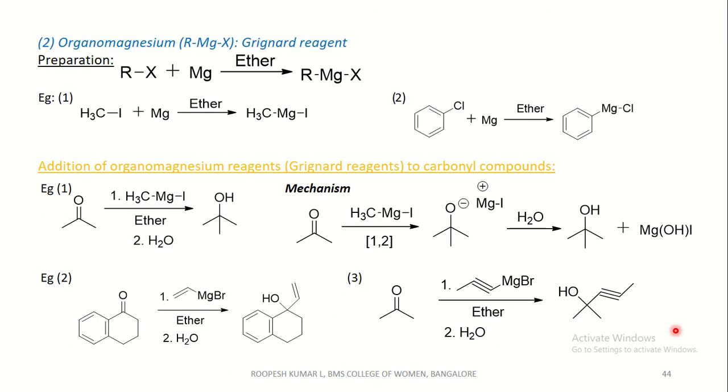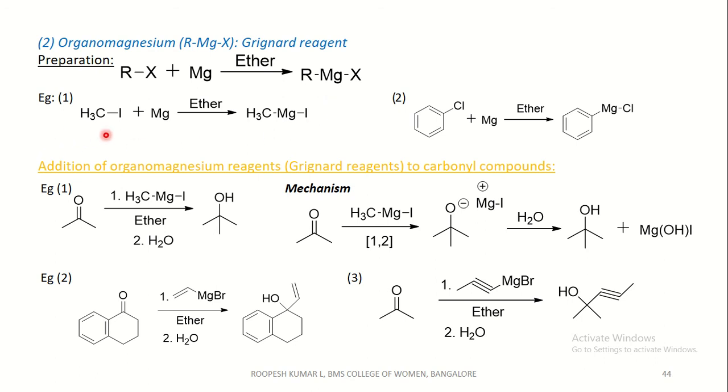Coming to the next organometallic reagent, organomagnesium, which is represented as RMgX and is also known as a Grignard reagent. Preparation of a Grignard reagent: an organic halide reacts with magnesium in ether to form RMgX.